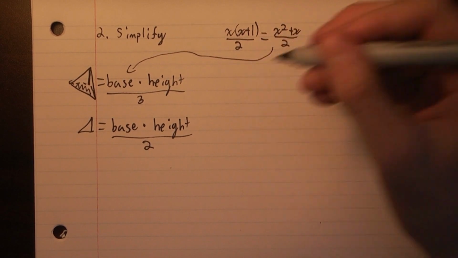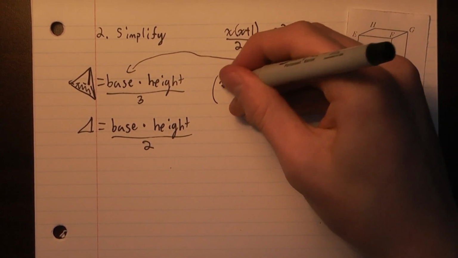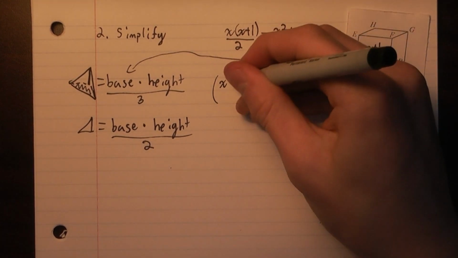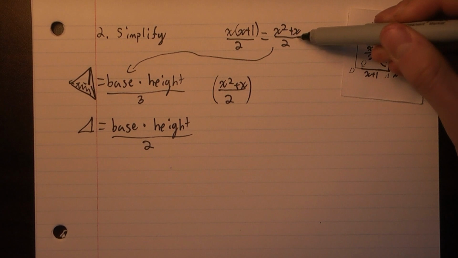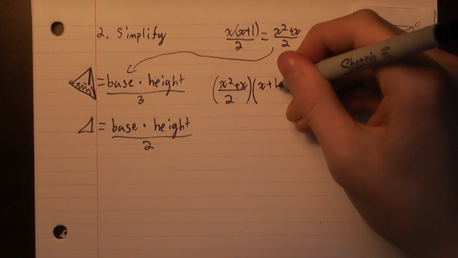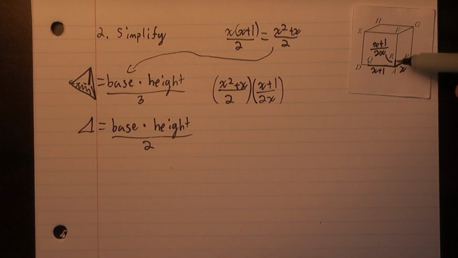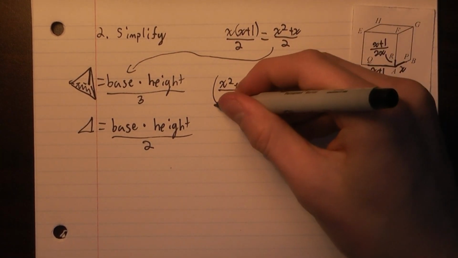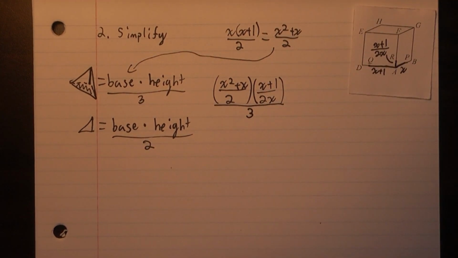So to find this, we need to find x squared plus x over 2, which is the base, times x plus 1 over 2x, which is the height. And now, because it's divided by 3, we need to do all this divided by 3.